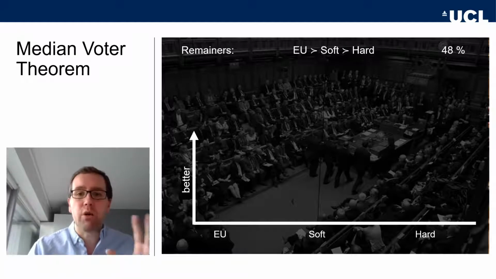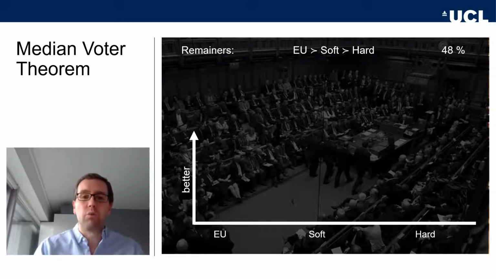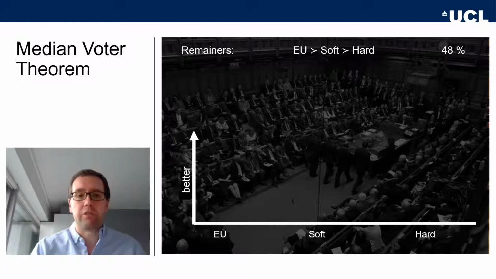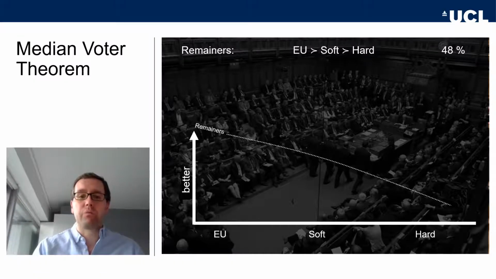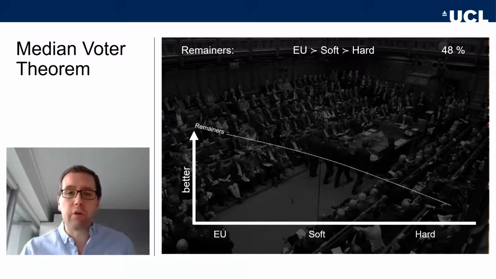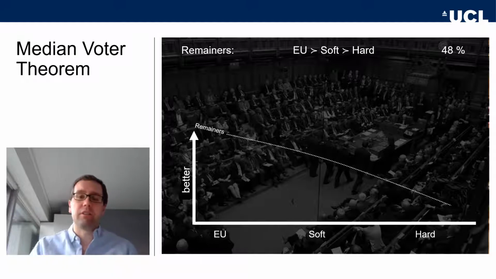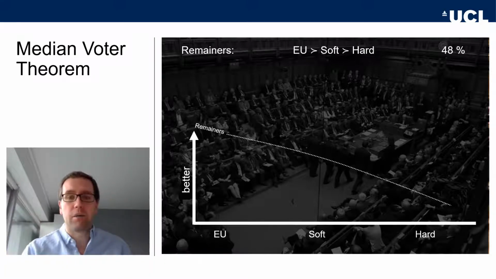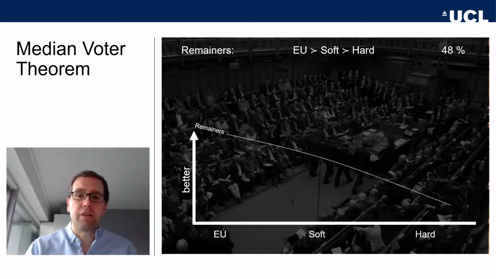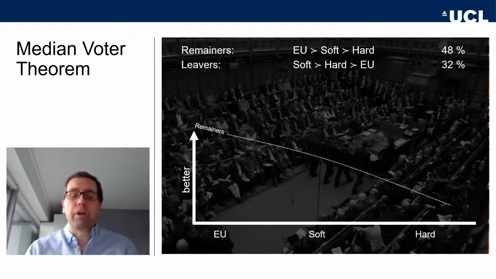Remainers preferred EU over soft over hard. So we can draw this into a graph in terms of their preferences. The EU outcome is the highest, the soft Brexit the second best, and the hard Brexit the least. So there's a peak all the way at the left here, and the lowest option is all the way at the right. How about the Leavers?